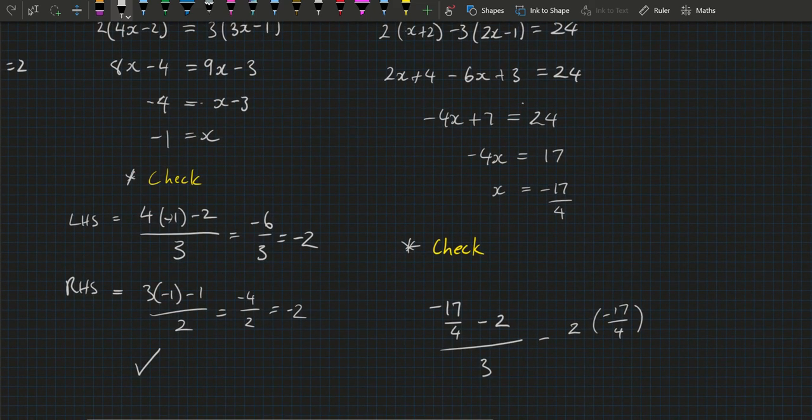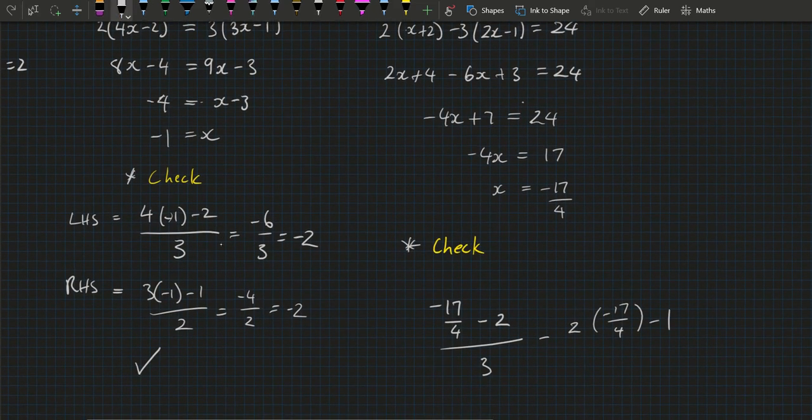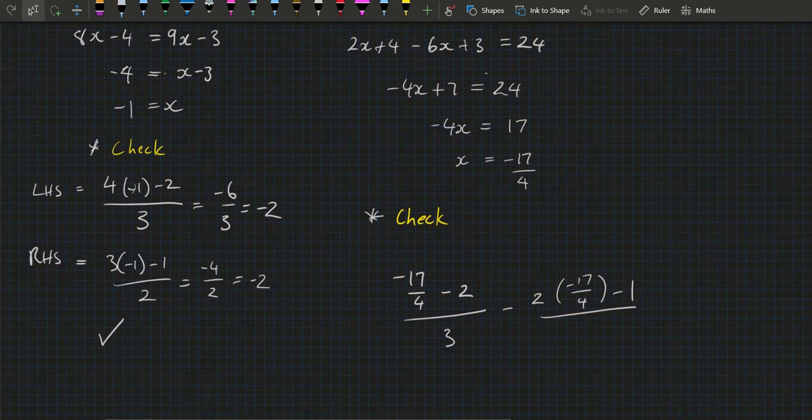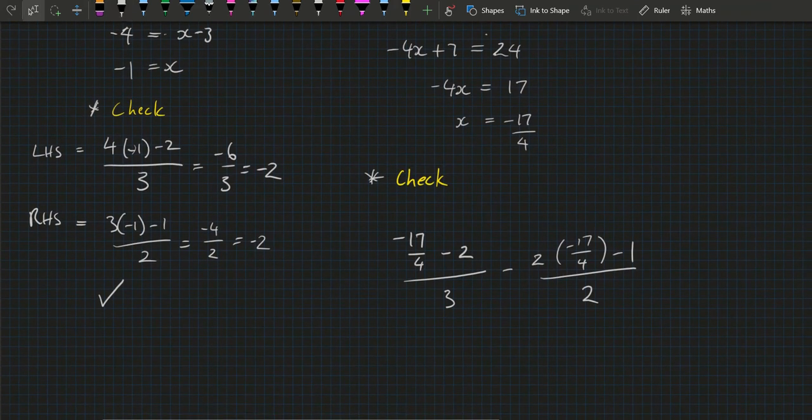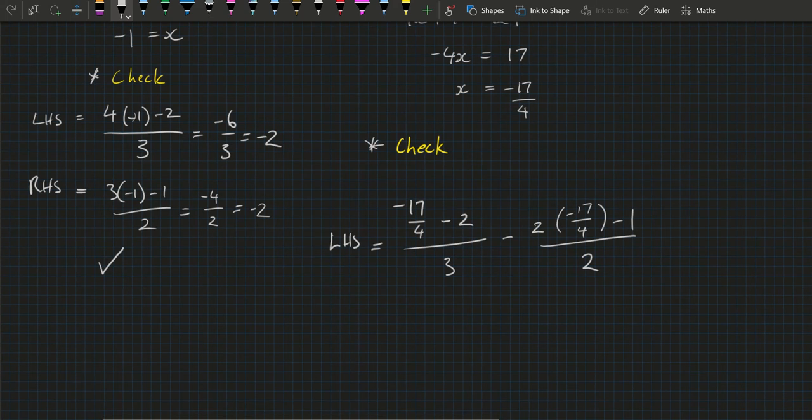Take away 1 on, excuse me, 3. Oh no, that 3 is already there. And is that it? Okay, so what is this equal to? So this is my left, I should have written left hand side is equal to this. And so I've got 17 on 4 there.